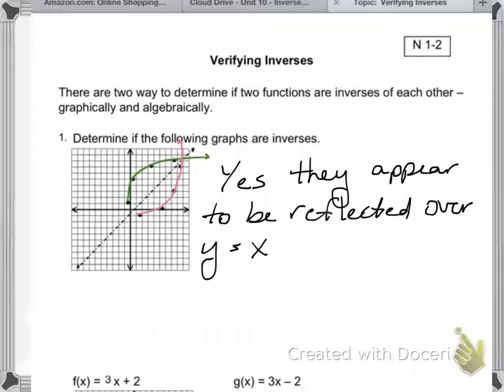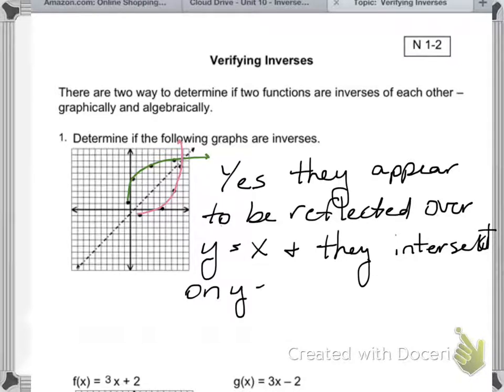And they also do what? What's the other way we can tell? They intersect on y equals x. Okay, so they intersect on y equals x.